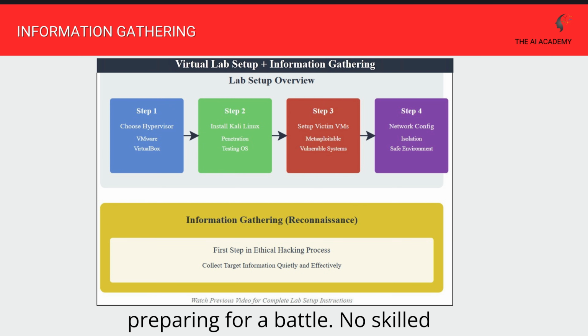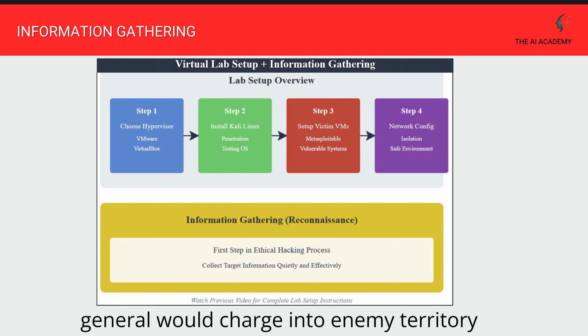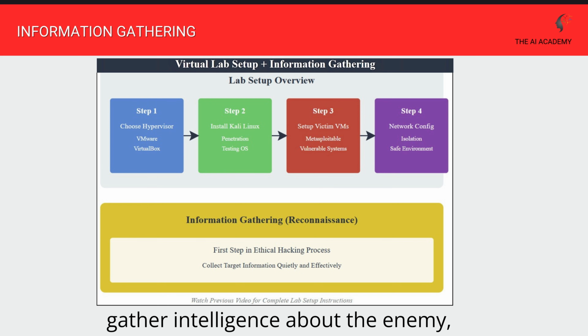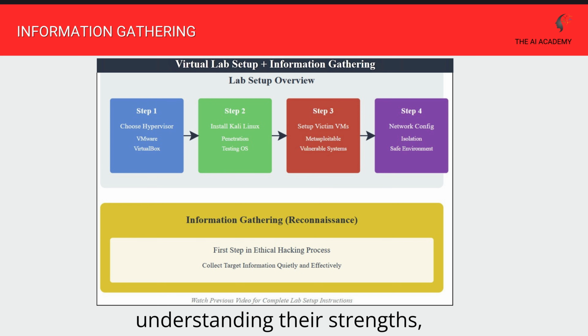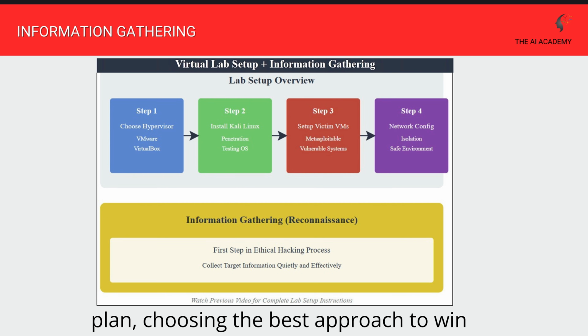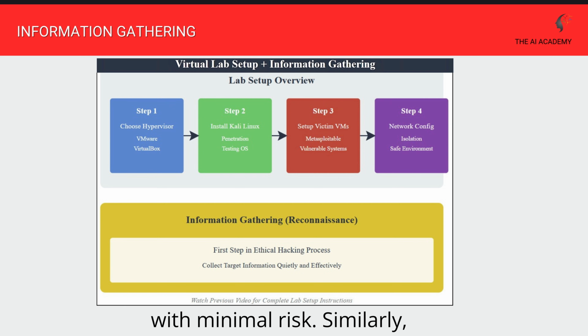Imagine you're preparing for a battle. No skilled general would charge into enemy territory blindly. Instead, they'd first gather intelligence about the enemy, understanding their strengths, weaknesses, defenses, and key vulnerabilities. This reconnaissance allows the general to devise a strategic plan, choosing the best approach to win with minimal risk.